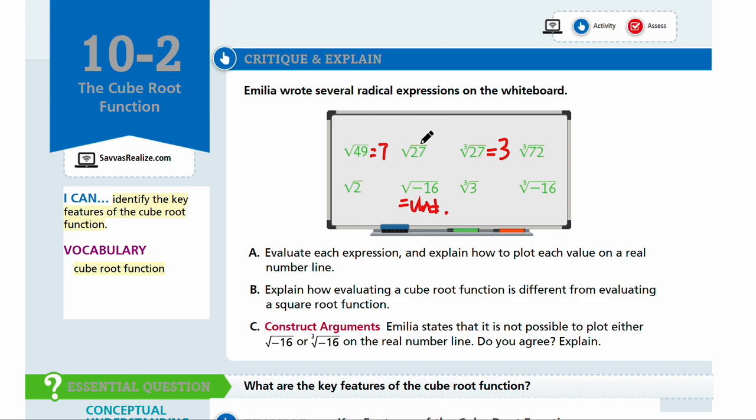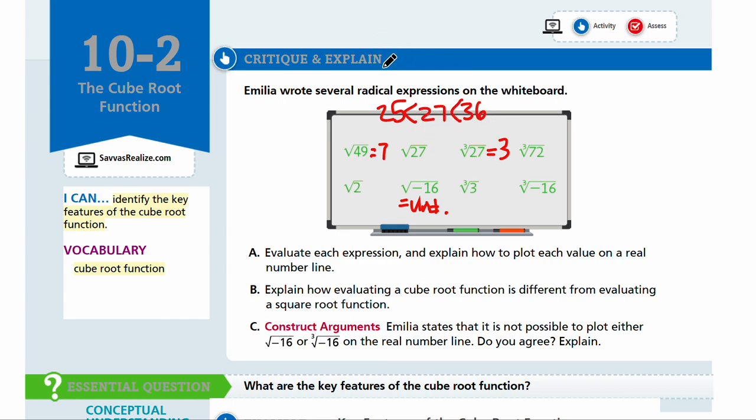So 27 is between which two perfect squares? 27 is between 25 and 36, right?